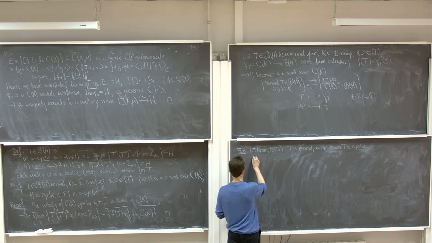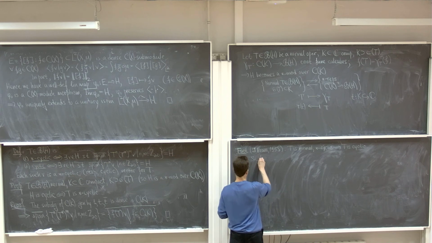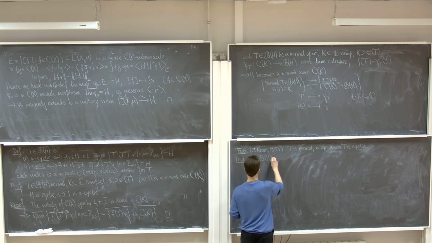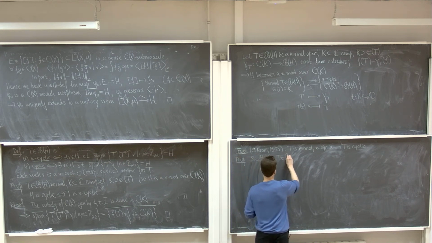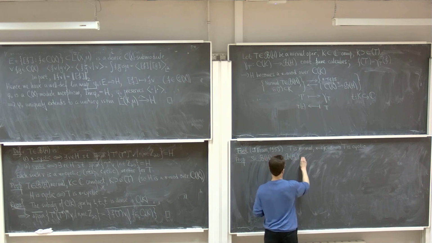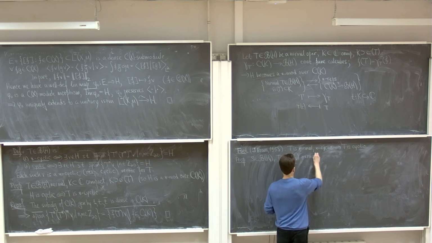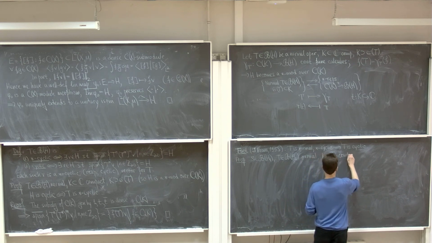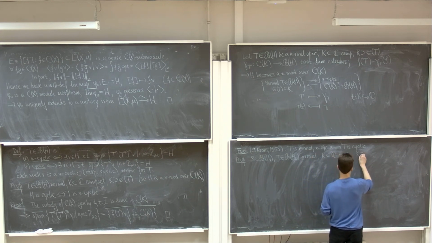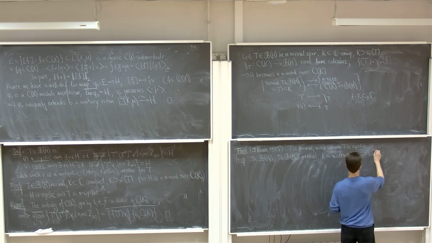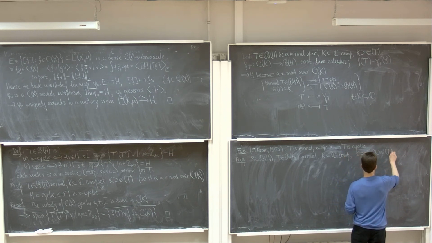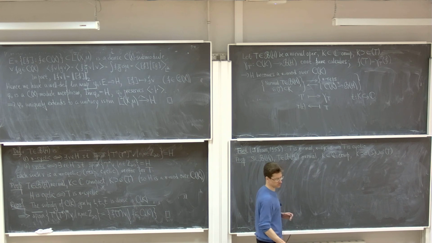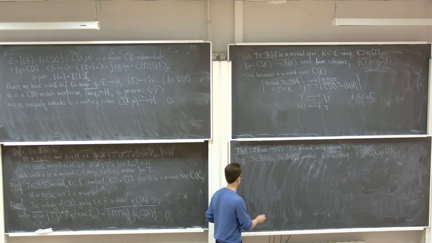Suppose that we have two normal operators, S and T, and a compact subset of the complex plane which contains both the spectrum of S and the spectrum of T, so that both H1 and H2 become C of K modules.